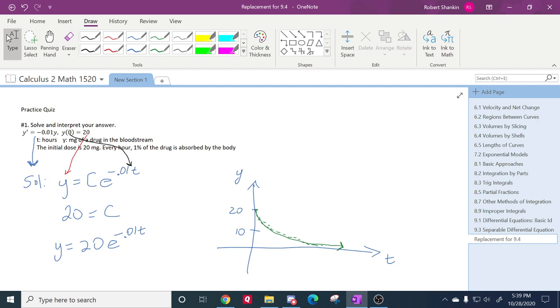Because, you know, if it was infinitely divisible, it turns out it's not infinitely divisible, but, you know, kind of theoretically, if you take 1%, which is just 1/100th of what's there, there'd still always be something there. When you take a drug, yes, it's being absorbed at a faster rate right at the beginning than as time goes on, less and less going out of your bloodstream.